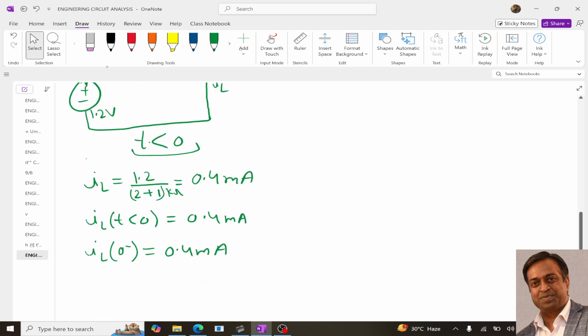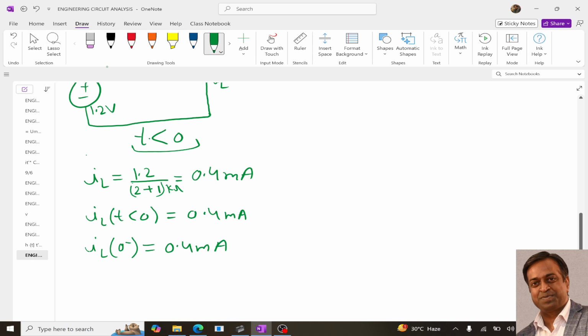Since at 0 minus the current is 0.4 milliampere, this current will remain there at 0 plus also. So at t equals 0 plus, the current through the inductor will remain the same, which is 0.4 milliampere.